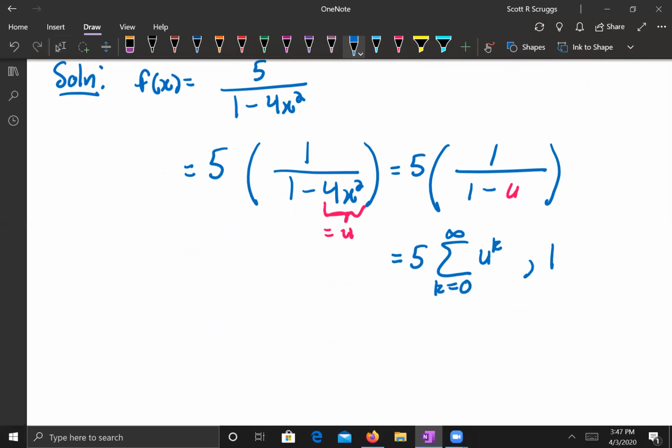And because it's a geometric series, that's going to be absolute value of u less than 1 for convergence. I started off with that, so that means I got to finish off with that. So I get 5 times the sum, k goes from 0 to infinity, of 4x squared to the kth power. And I also replace the u with that 4x squared.